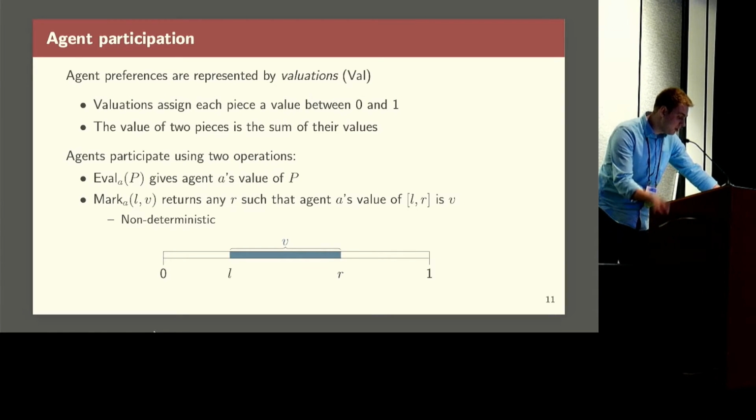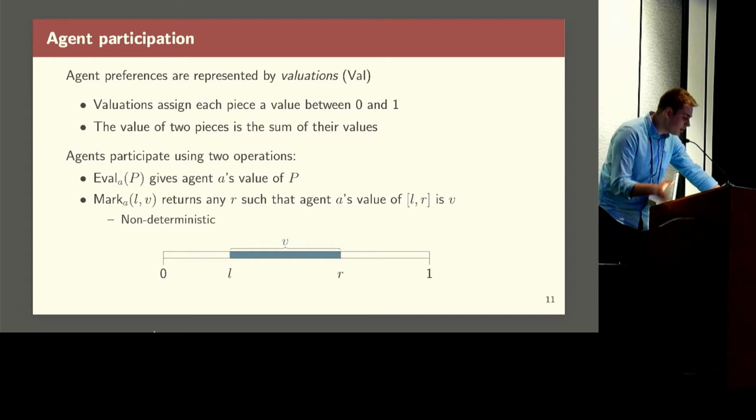And we actually have the agents interact with the protocol by giving indirect access to their valuations using the following 2 operations. The first of which, eval A of a piece, gives agent A's value of that piece.